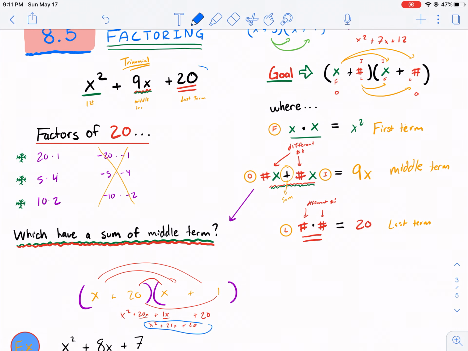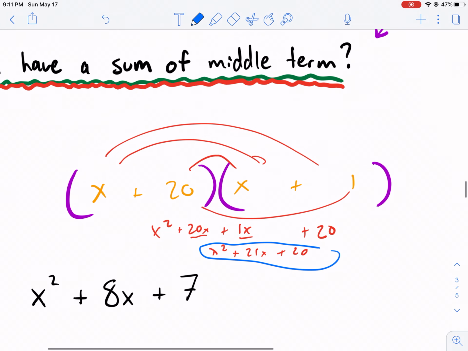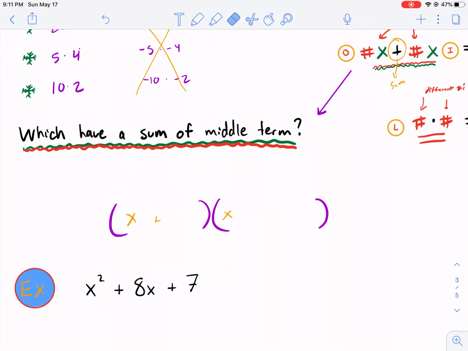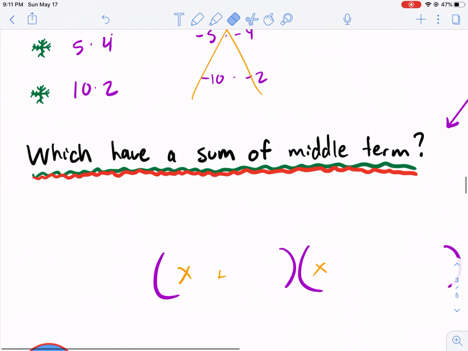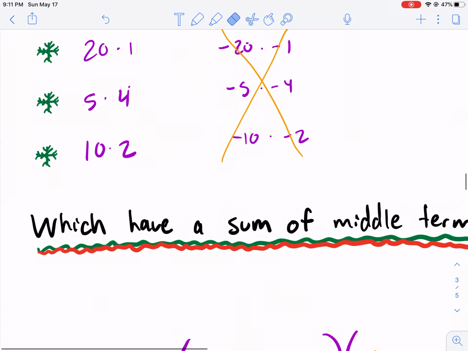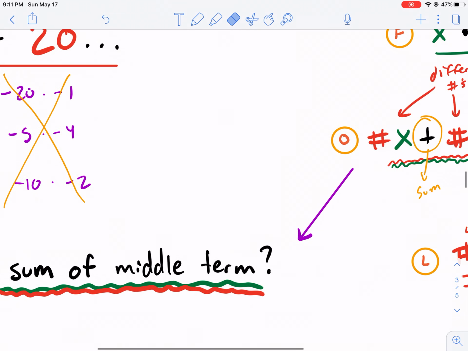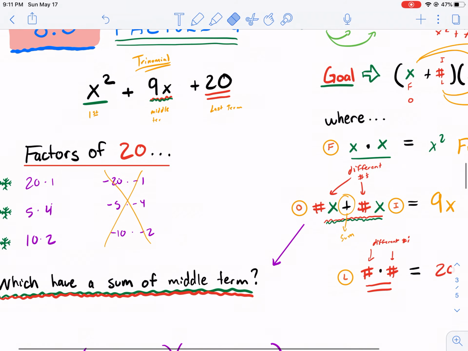Our goal is to go from this into two parenthesis form. But we have to make sure it matches, otherwise it's no good. So what we did right here with the 20 and the 1 was no good. 20 and 1 was not a match. Why? Well, an algorithmic way of figuring this out is we look and see which of these factors of 20 have a sum of the middle term, after you multiply it by the first terms.